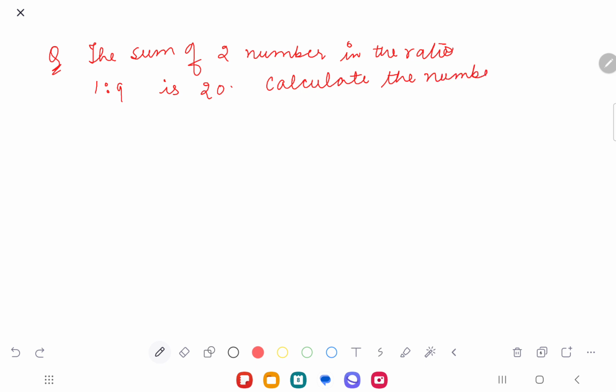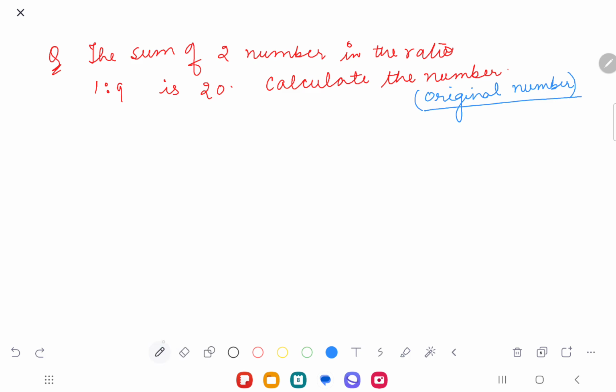When the question says calculate the numbers, it means calculate the original numbers, because they have given the ratio but not the original ones. That means there must have been some number, but you got 1 over 9 by cancelling some number k.